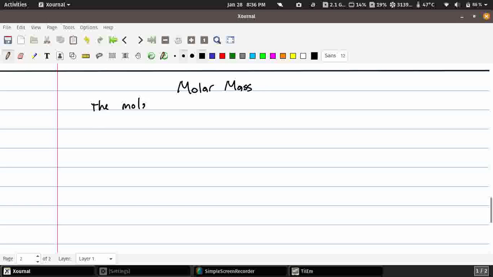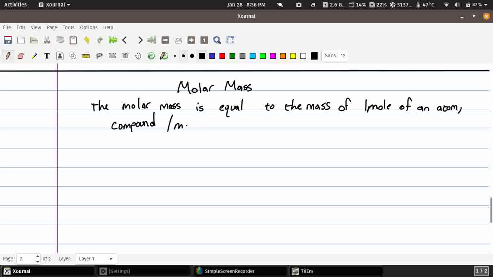The molar mass is equal to the mass of 1 mole of an atom, compound / molecule, or formula unit.